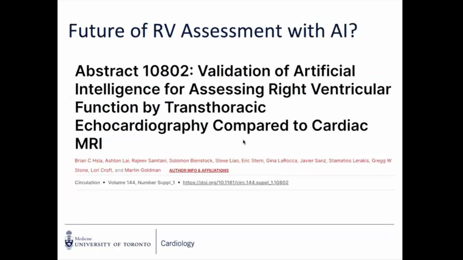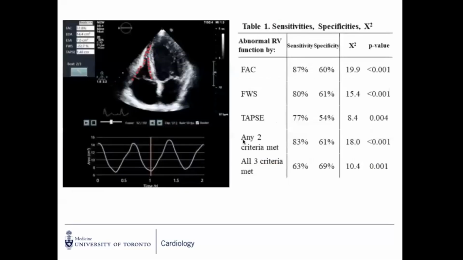I just wanted to touch a little bit on AI. There's tons of stuff out there about AI, but I thought these two particular studies were relevant and neat to focus on. The first one was published in Circulation. It was an abstract, so I think it's still an ongoing study with respect to this AI technology, but they were comparing RV assessment by TTE to cardiac MRI, and they were essentially getting continuous measurement of the RV endocardial wall throughout both systole and diastole, and they were able to measure fractional area change, free wall strain, and TAPSE.